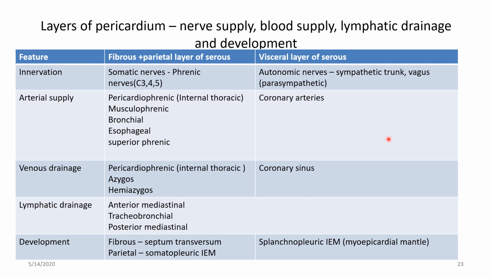The visceral layer of serous pericardium develops from splanchnopleuric layer of intraembryonic mesoderm, which is also known as myoepicardial mantle, which gives origin to the myocardium and epicardium.